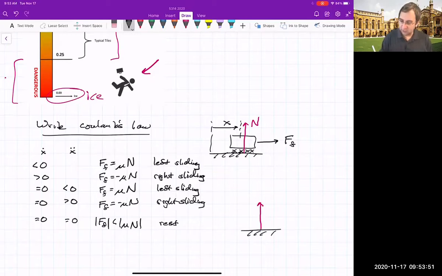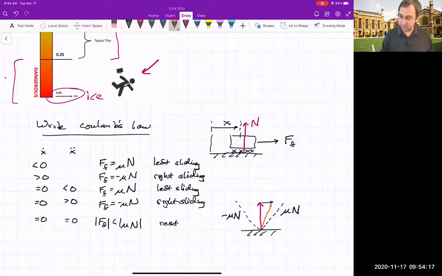There are these two edges, and this is mu N, this is negative mu N, and the force of friction will be a sideways component, but the total resultant force is going to be somewhere inside this.